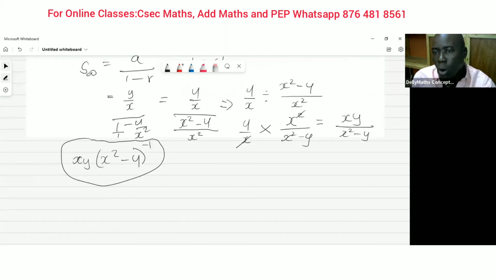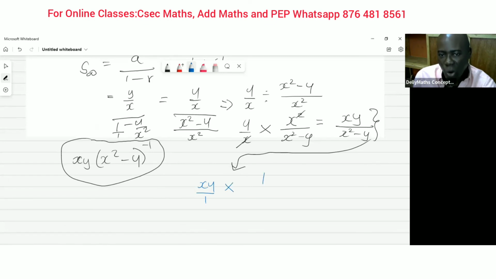I could rewrite this. Let me put it in another color. Technically, this is xy over 1 times 1 over x squared minus y.